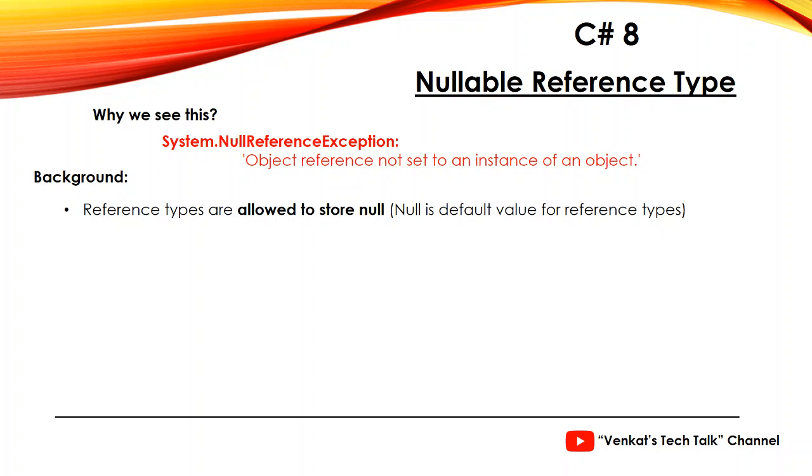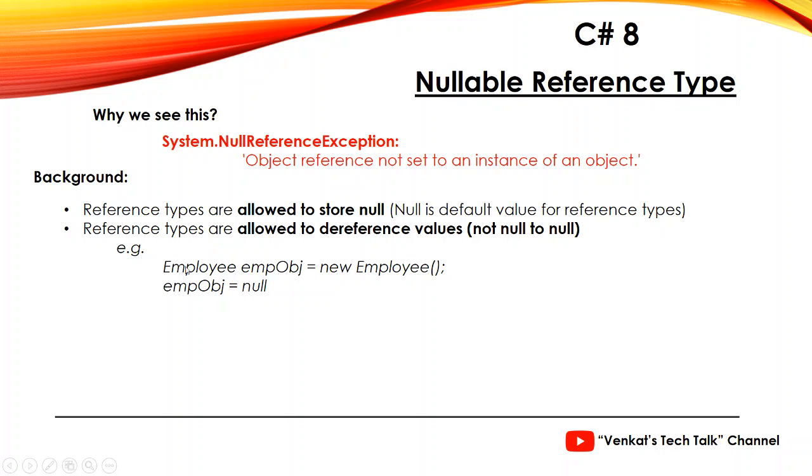We can pass it to a different method across the call chain, and at some point a reference type can be dereferenced, meaning it can be made null. Something like this: Employee object empObj equal to new Employee object. This is an instance. When we pass this instance across several methods, through a number of layers, at some point in time it can be made null again, and this object can be returned from that function, dereferenced as a null, to some other method.